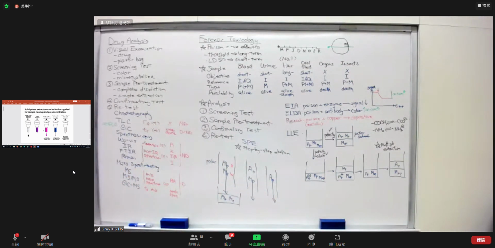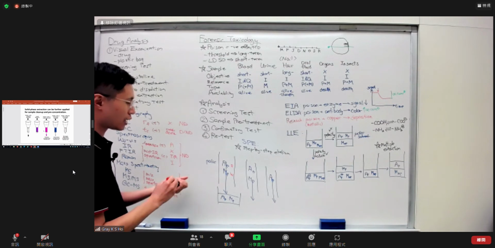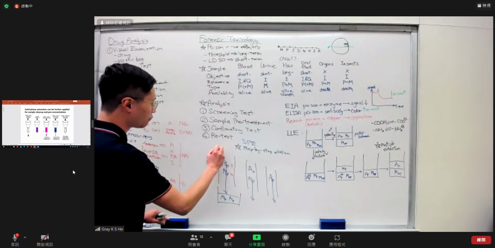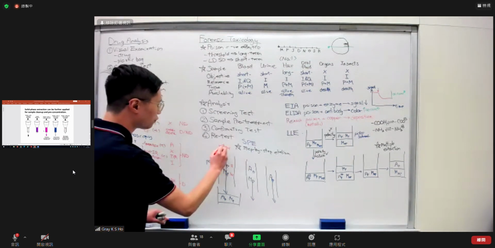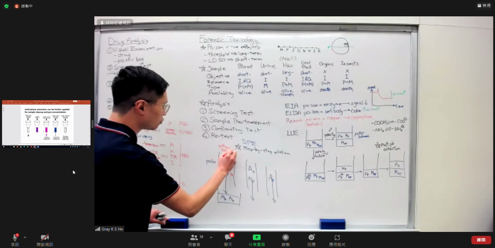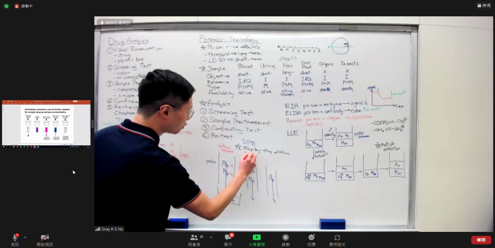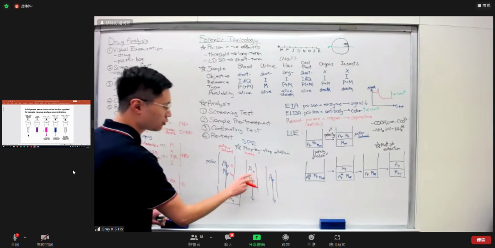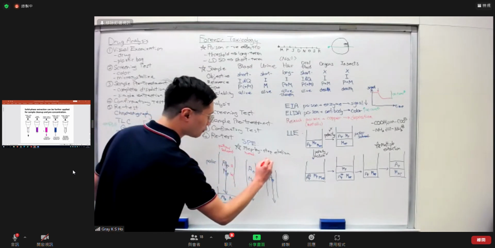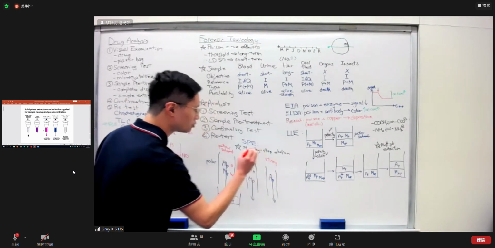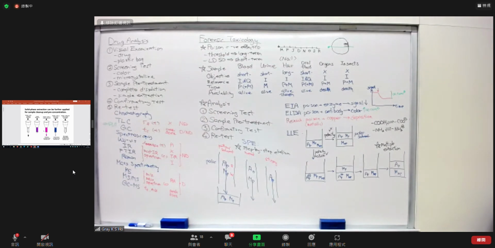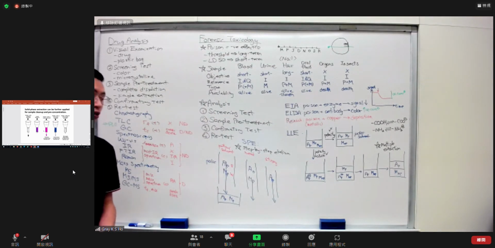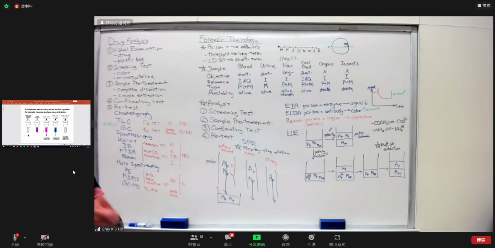So what you can see is, instead of just using one polar solvent for the elution, we use a weakly polar elution solvent for the first elution, and then a strongly polar elution solvent for the second. So there will be a step-by-step elution to get rid of the extractable matrix.